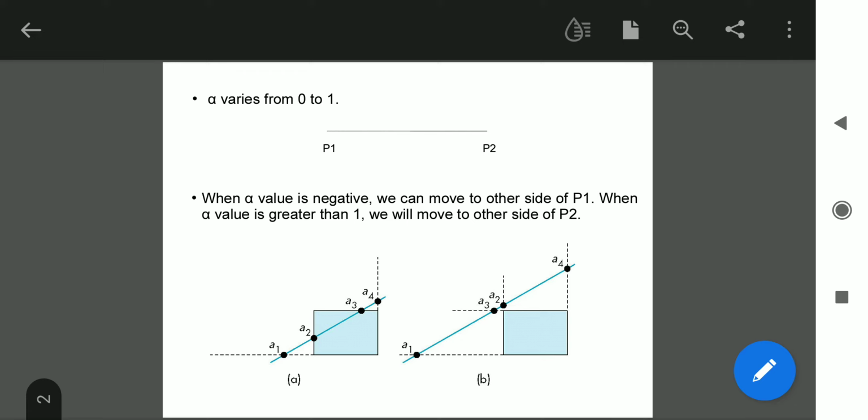Now when you look at the ordering of alpha values, in the previous case we calculated the intersection values in order properly, but in diagram B we calculated alpha 1, but here alpha 3 came before alpha 2. While calculating the intersections we followed the order, but when we look at the intersection points, they are not in order. The order became alpha 1, alpha 3, alpha 2 and alpha 4.